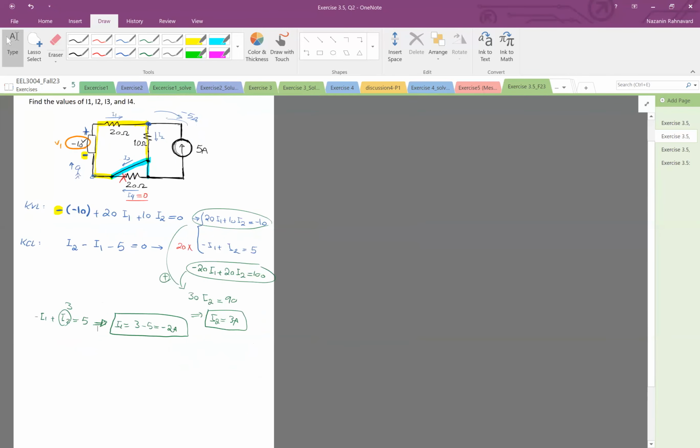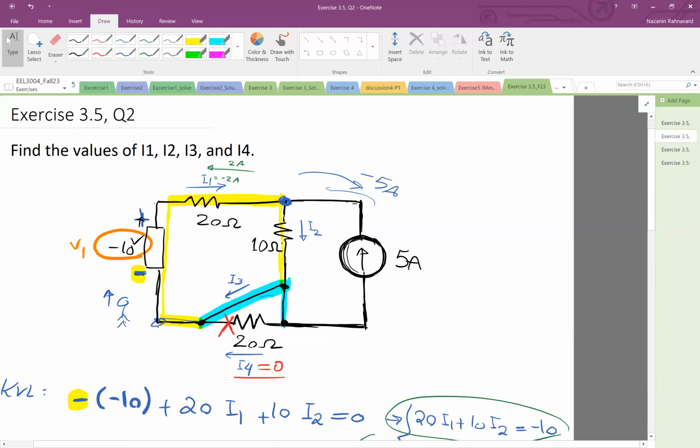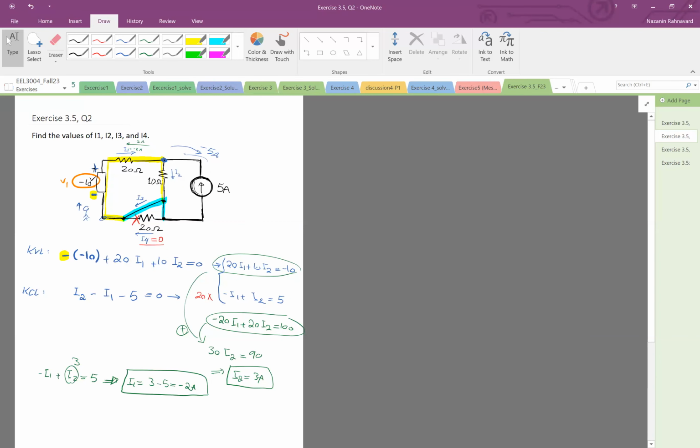If I1 is negative 2 amp, it means the actual current is 2 amp in the other direction. Very good. So I got I1, I got I2, I got I4, which was 0.